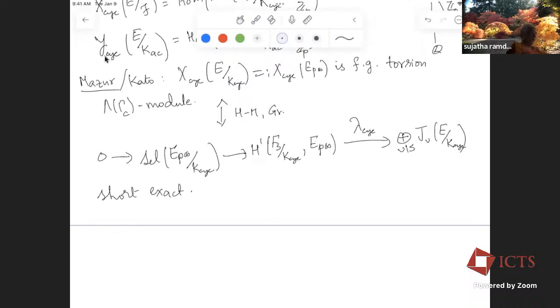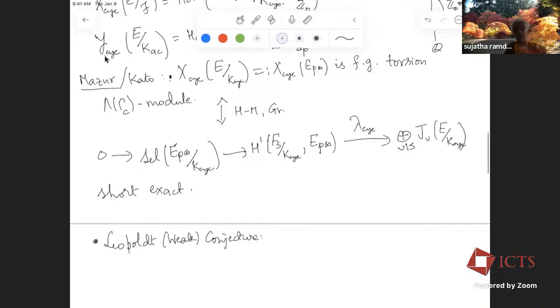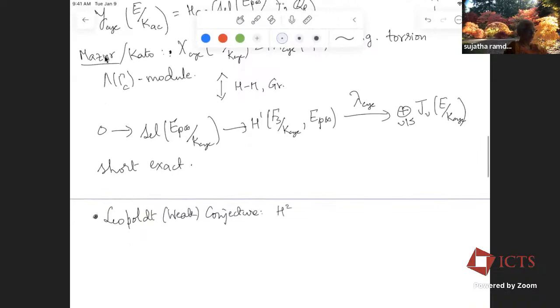Now this becomes interesting, and we also know, under Leopoldt's conjecture, weak Leopoldt, which is a statement that H2 F_S over K cyclotomic, E_P^∞ is 0. This is the weak Leopoldt conjecture.